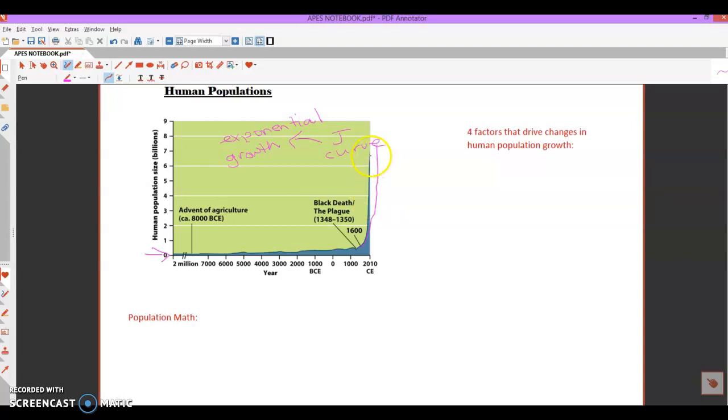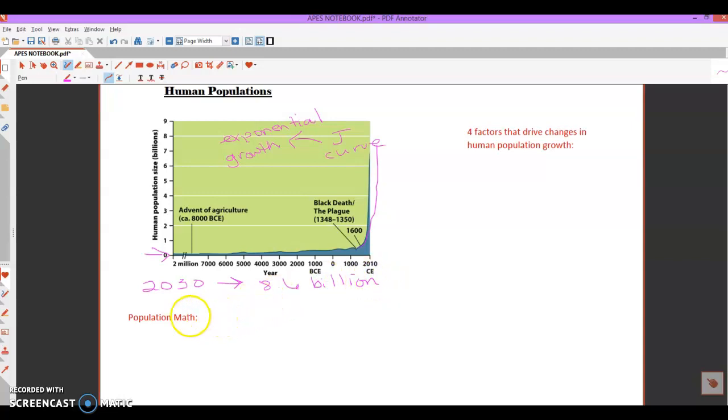All right, so let's look at projections. So in 2030, so we're talking about 10 years from now, if we look at our current population growth trends, our population will hit 8.6 billion. That's only in 10 years, guys.